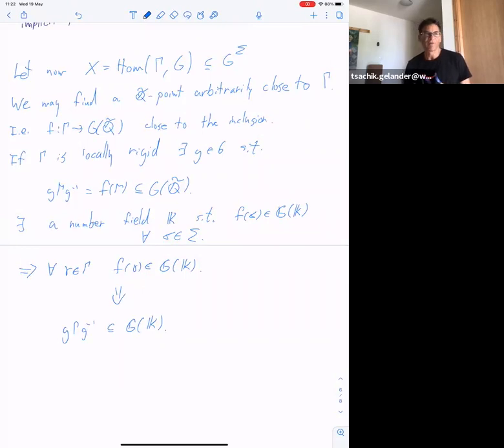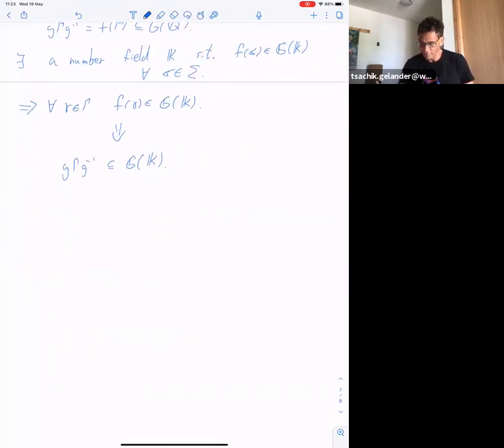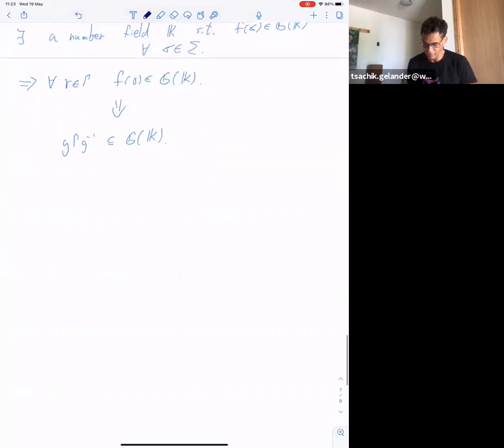So this is one of my favorite applications of local rigidity. The other application I want to mention is Wang's finiteness theorem.